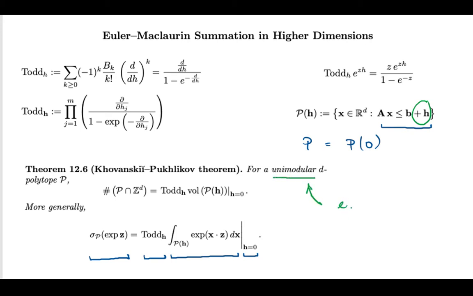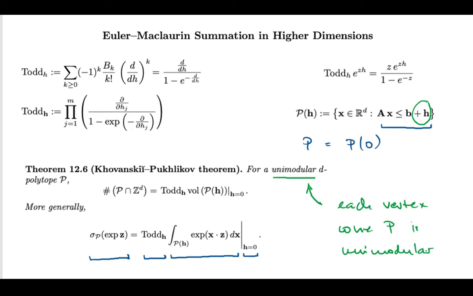So we know the vertex cones of P, and P being unimodular means that each vertex cone is unimodular.